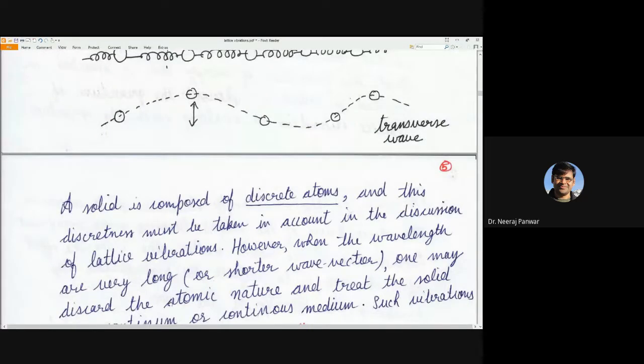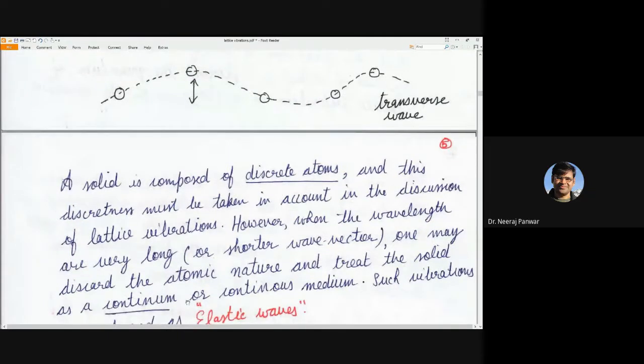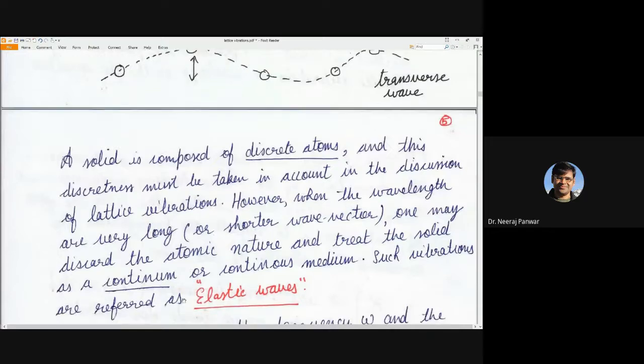we may discard the atomic nature and treat the solid as a continuum or a continuous medium. Such vibrations are referred to as elastic waves.